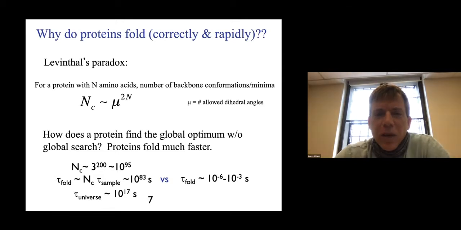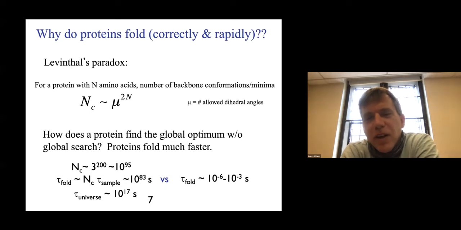And so the number of conformations for n amino acids, where each dihedral angle can take on 3 particular values, and there are 2 dihedral angles per amino acid, turns out to be 3 to the 200.